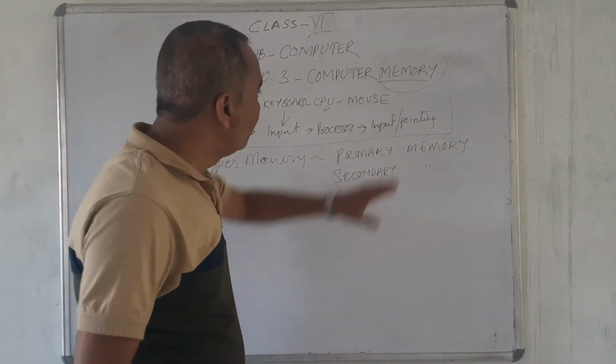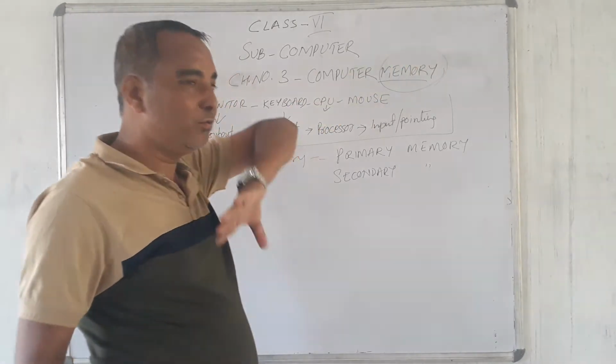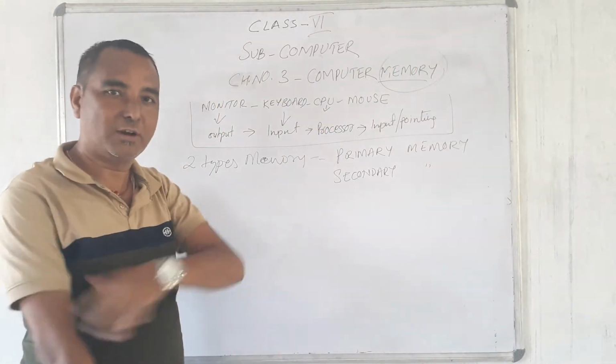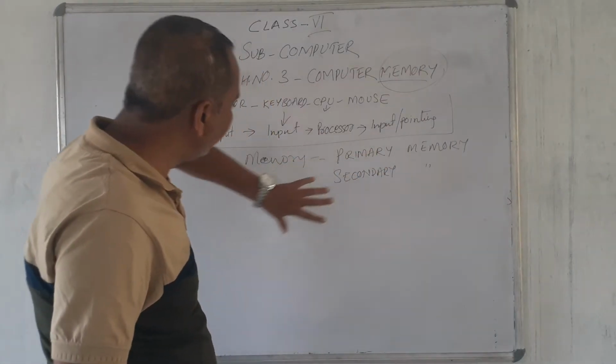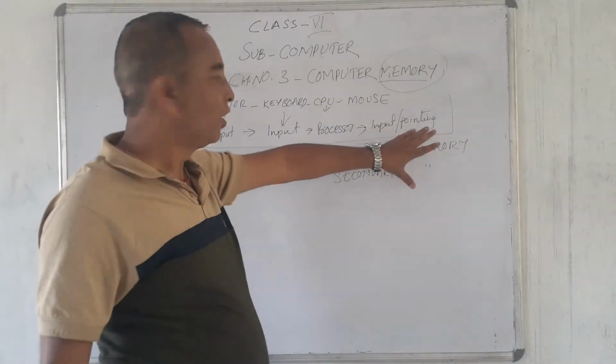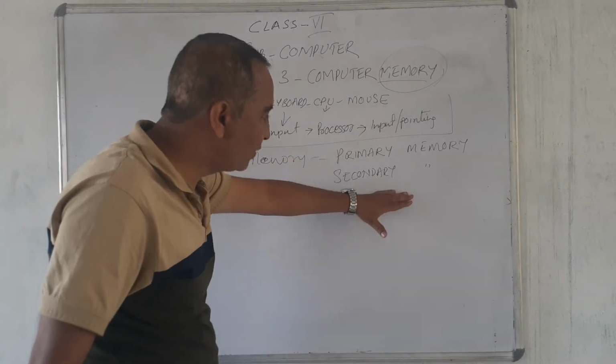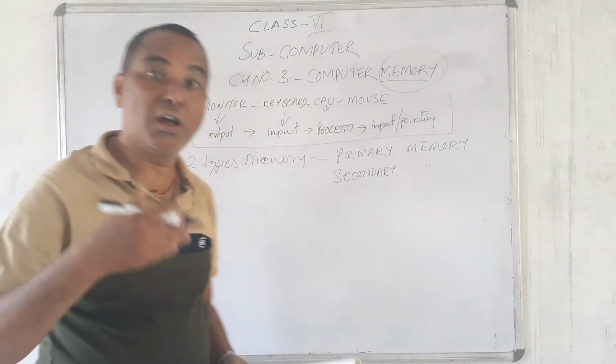Now, we know about the memory, that whatever we keep for later use, whatever we save for later use, that is memory. But even the memory has two types. One is primary memory and another is secondary memory. Now, we have to know about that.